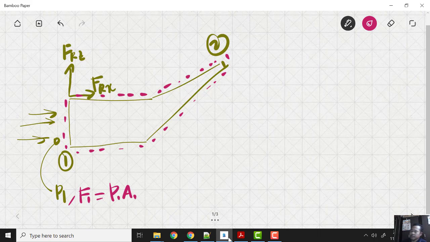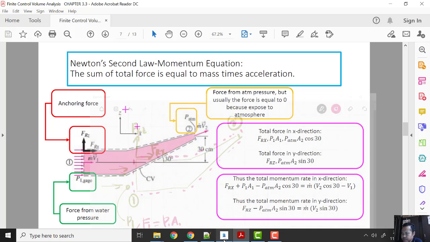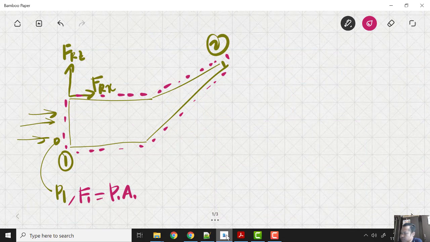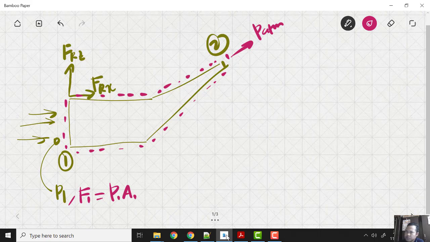Alright, so we have here the force. And then the water from the pipe exits to this small section area here, which is at P atm. So the water is discharged to the atmosphere, to P atm.